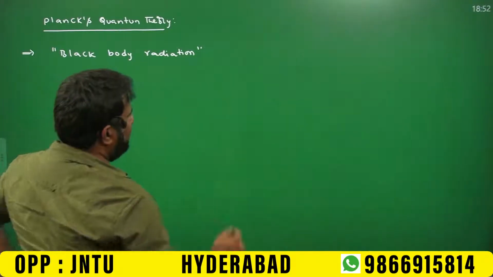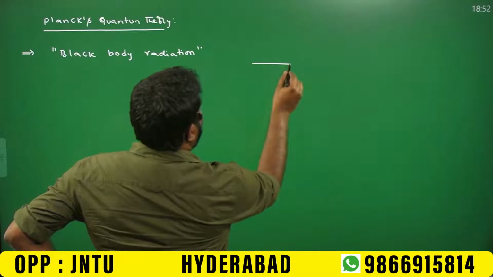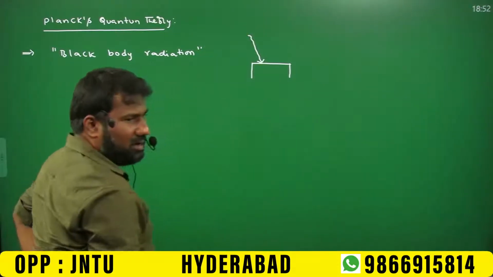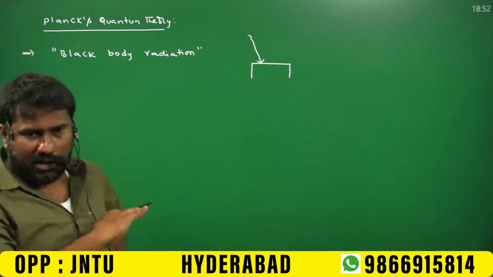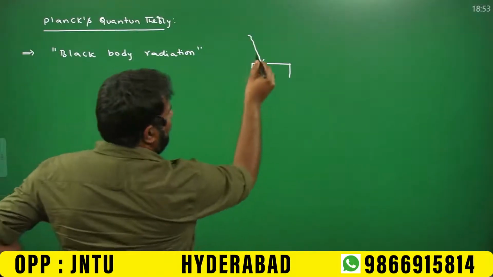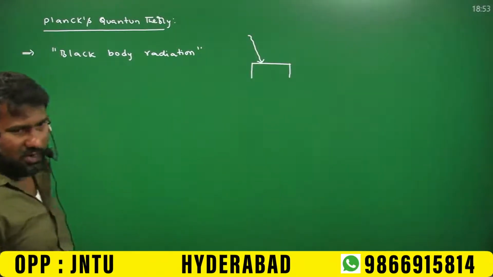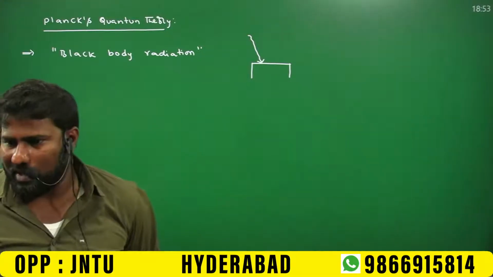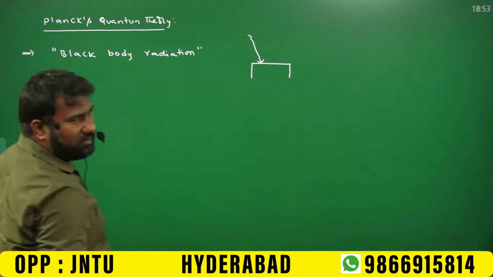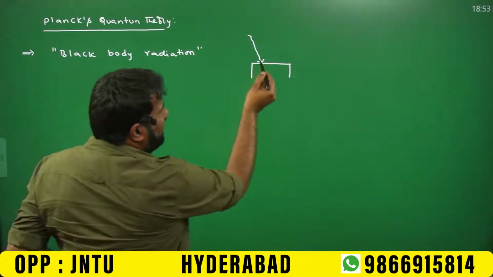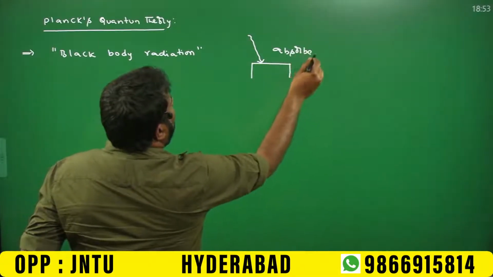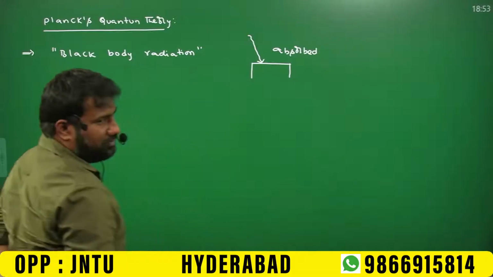If you take an object and irradiate certain radiation over it, the radiation is one form of energy. Whatever light is irradiated over the surface of this object, if the entire radiation, meaning energy, is absorbed by the substance, that kind of body is called a black body.